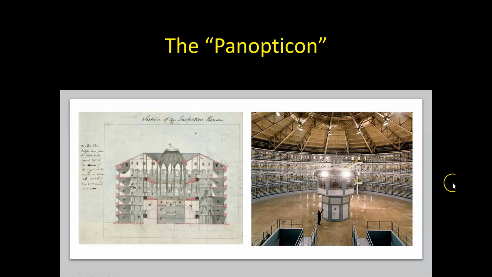He's also responsible for the design of a particular type of prison known as a Panopticon. This is a drawing done by a colleague and friend of his named Wiley Reveley.